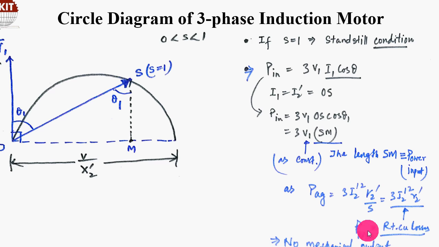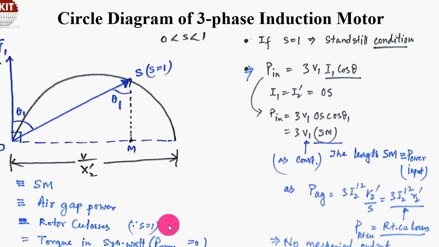So we can conclude that at standstill condition, the motor is not delivering any mechanical torque, or any mechanical power output to the shaft, because at this condition the rotor copper losses are directly equal to the air gap power.